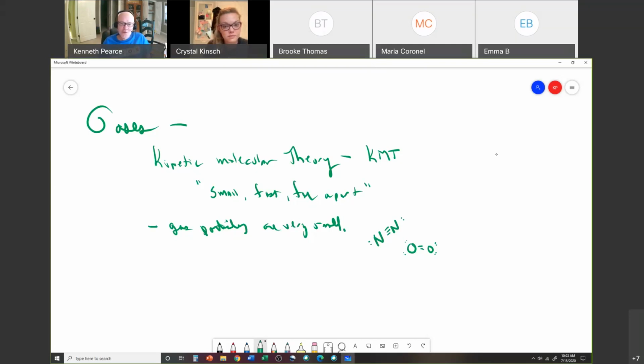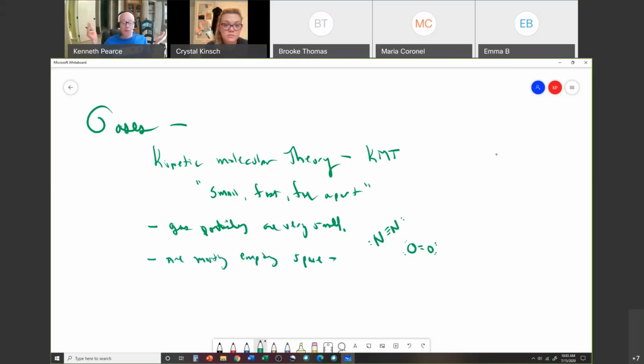All right. And so those are gas particles, and they're very small. So you won't find very large particles. Now, gases are mostly empty space. In other words, the distance between the particles is large compared to the particles themselves.